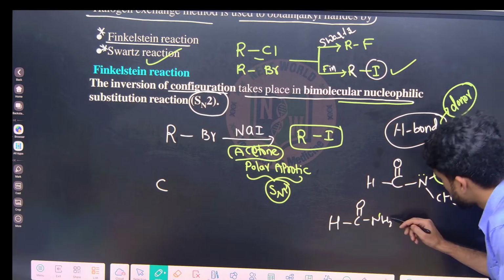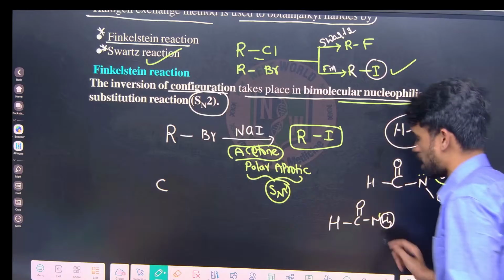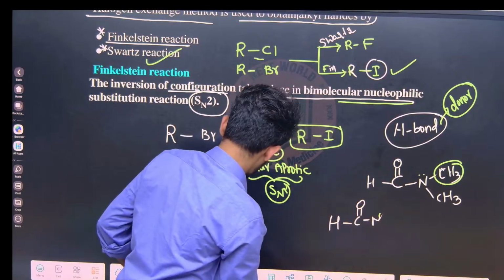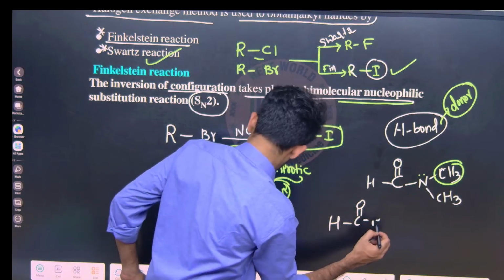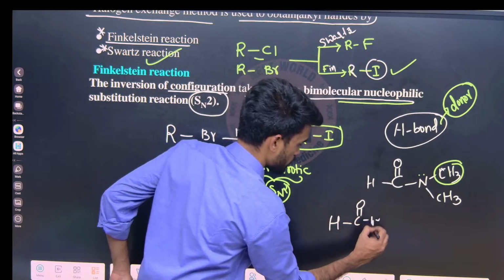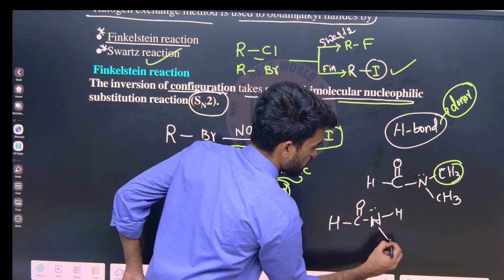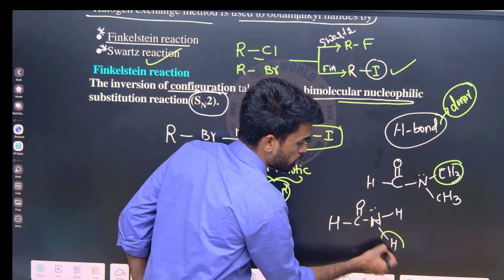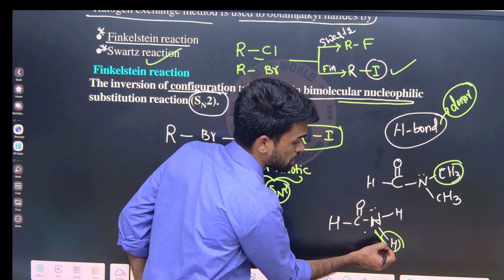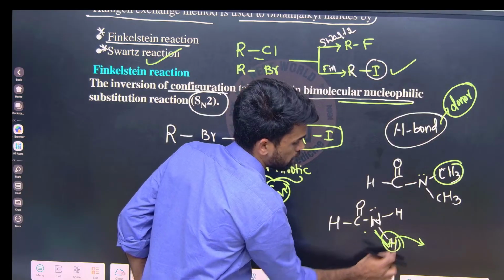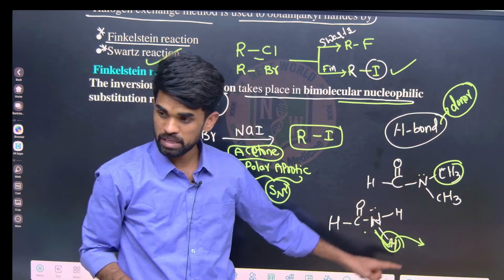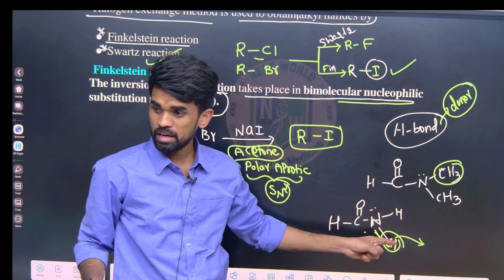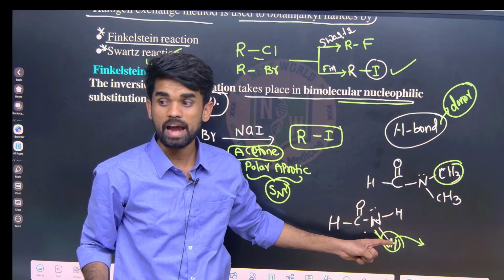See here, if there are hydrogen atoms in NH2, then for formation of hydrogen bonding the hydrogen of this nitrogen gets involved. So this molecule is providing a hydrogen atom, so you can say hydrogen bond donor.